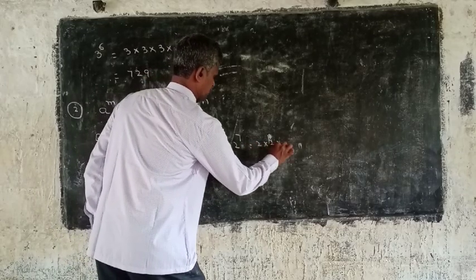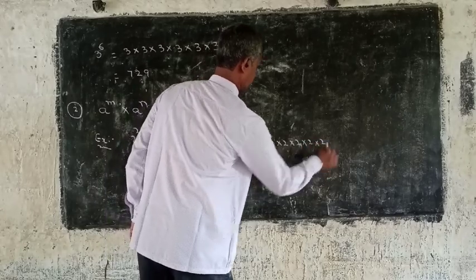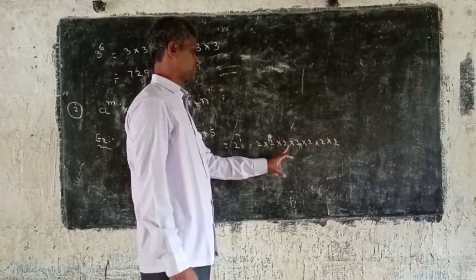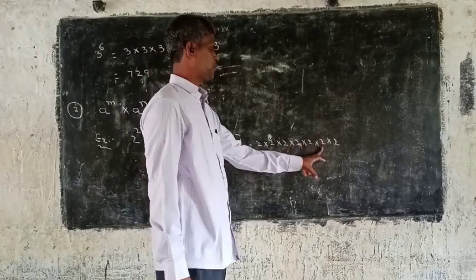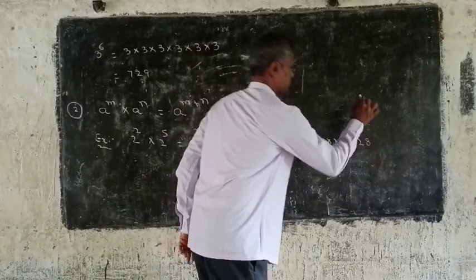That is 2 seven times: 2 twos are 4, 4 twos are 8, 8 twos are 16, 16 twos are 32, into 2 is 64, into 2 equals 128.